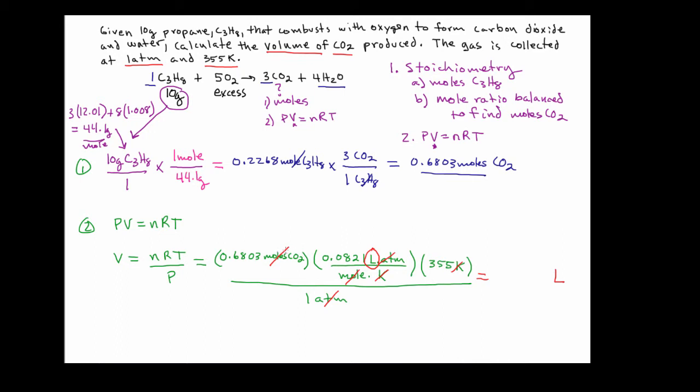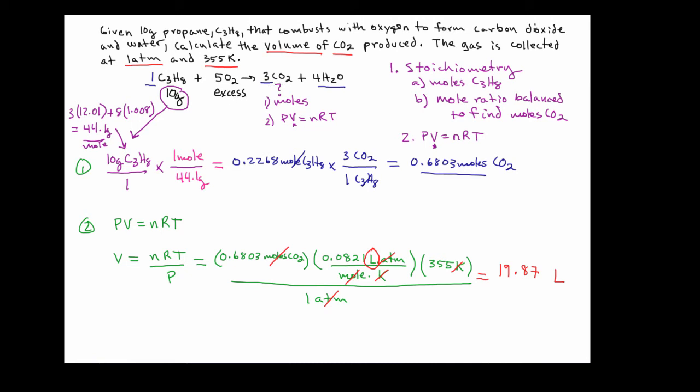Notice that I went through that whole thing with the units without doing any number crunching, because I want to be certain that I actually solve the equation properly for what I want. And since I want volume, well, then the unit liter better be over here. Otherwise, I've messed up somewhere. So what I get is 19.87 liters.